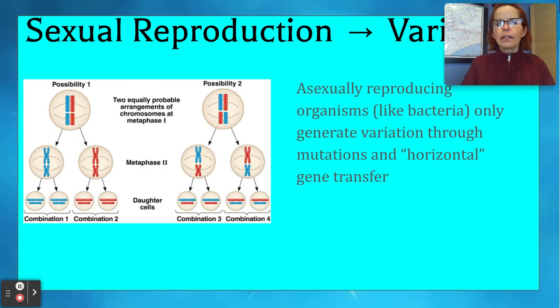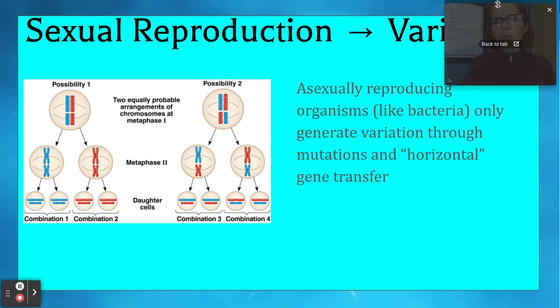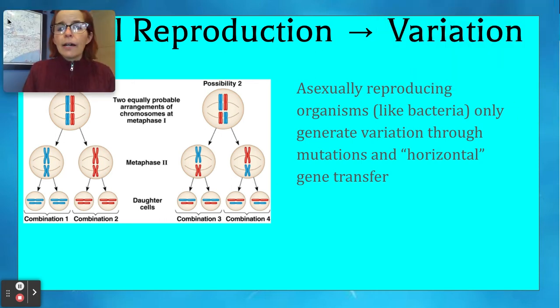Okay, sexual reproduction. The purpose of sexual reproduction is to increase variation. Asexually reproducing organisms like bacteria, for example, they just clone themselves. So they only generate variation through mutations and through something called horizontal gene transfer. Bacteria have the ability to pick up DNA from another bacteria, plasmids, tiny little circular pieces of DNA.